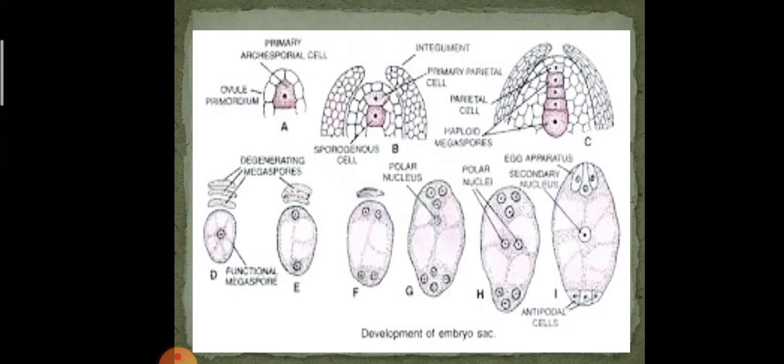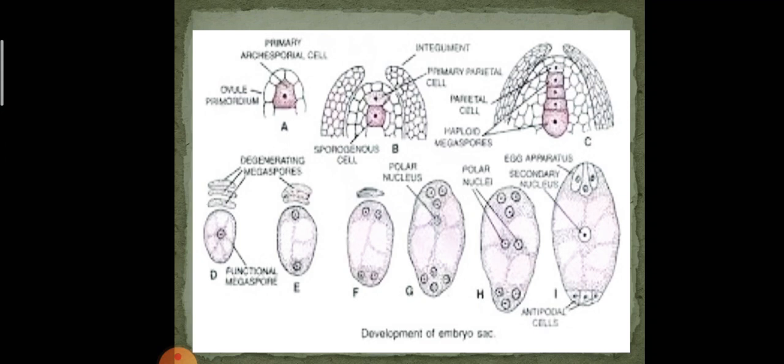That functional megaspore, only a single megaspore, undergoes 3 mitotic divisions, only nuclear division, karyokinesis. It forms E, a 2 nucleated structure, F, a 4 nucleated structure, and G, an 8 nucleated structure.